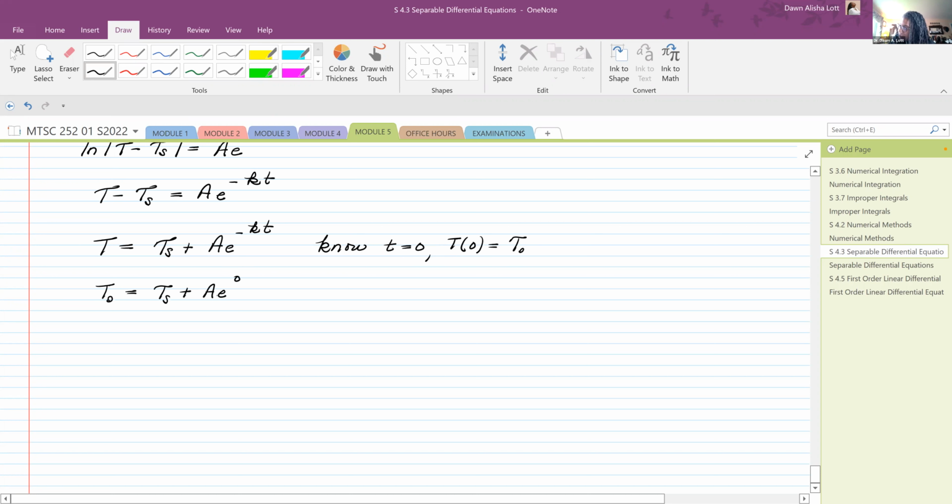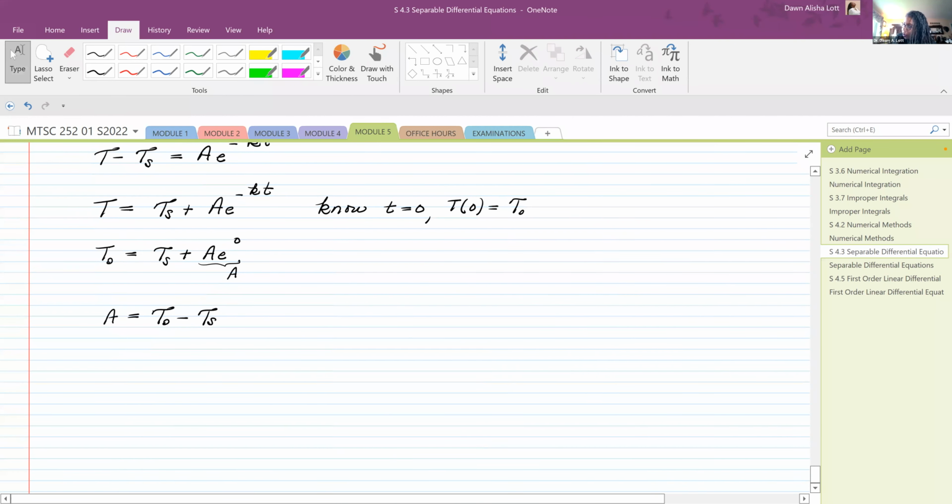So this thing right here is just A. So now A turns out to be T naught minus Ts. Now everything's solved for. So T of t is equal to Ts plus T naught minus Ts times e to the negative kt. All right, any questions about that?